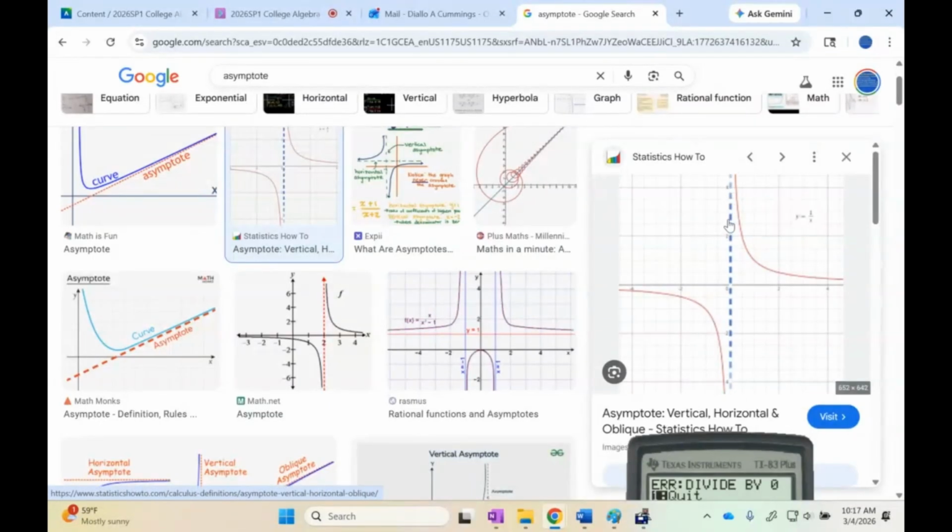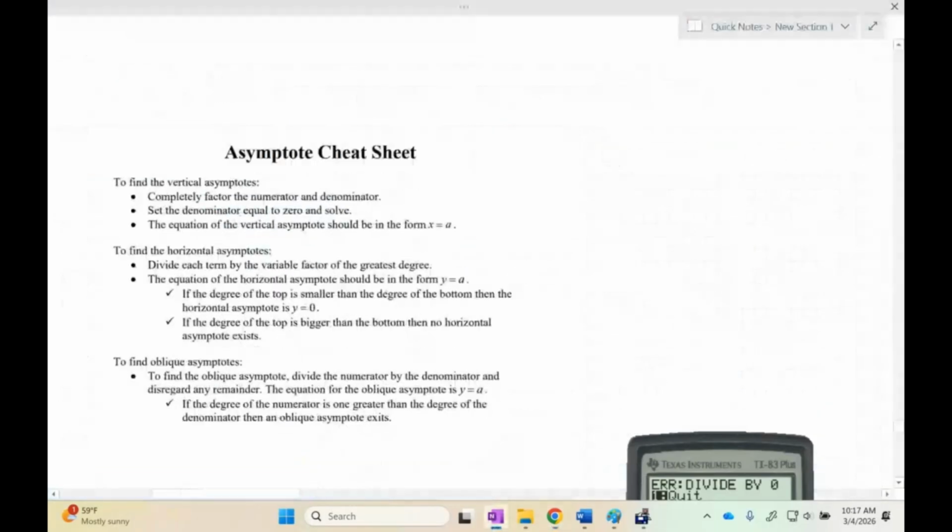If you're talking about vertical lines, vertical lines are in the form x is equal to c. Right, and I'm showing this because it's kind of revealing vertical and horizontal lines, because when you write out these asymptotes, you will have to write them out as equations.